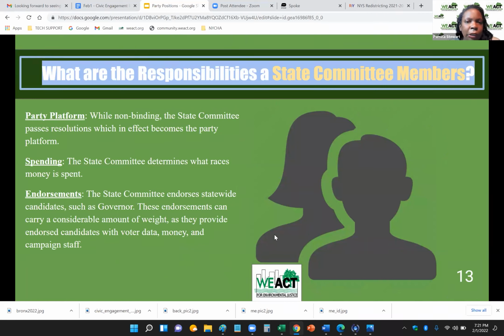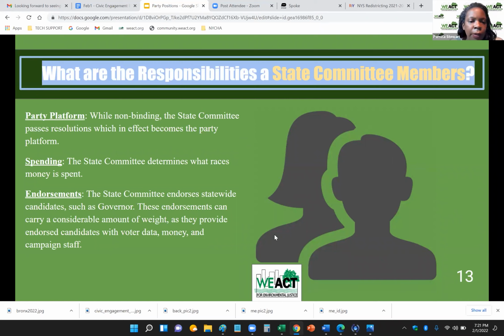The next position we're going to talk about is the state committee member. The state committee member comes together with other members and they vote as a committee to pass resolutions, which in effect become the party's platform. The state committee determines what races money is spent on.